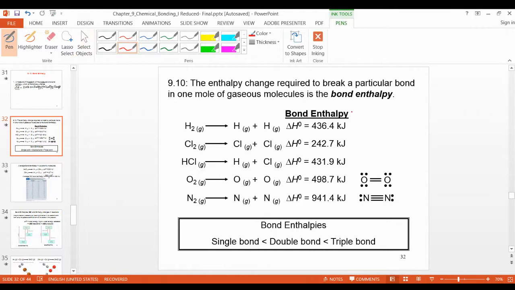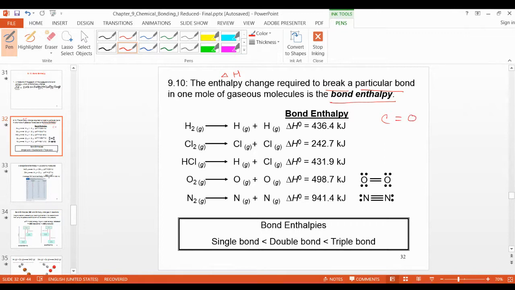So you remember what we call bond enthalpy? The enthalpy change, delta H, required to break a particular bond, any bond.